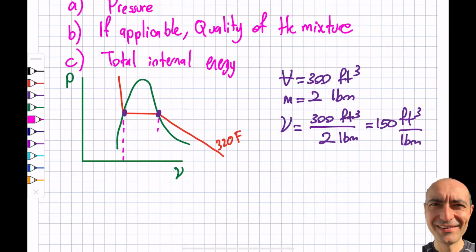In order to do that, I'm going to look at the saturated water tables. If I look at A4, but this time it's English units, so I'm going to look at A4E, and I'm going to pick the temperature, you can guess, as 320, and note down what these values are. I'm literally looking at it right now.